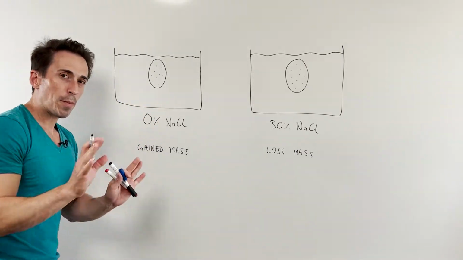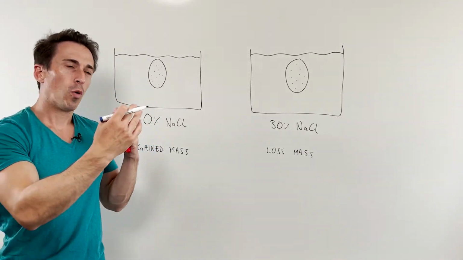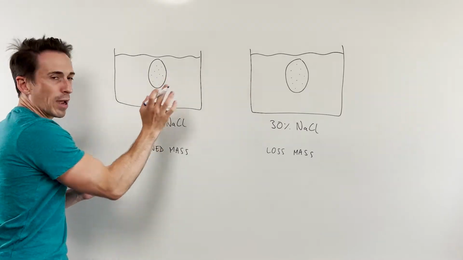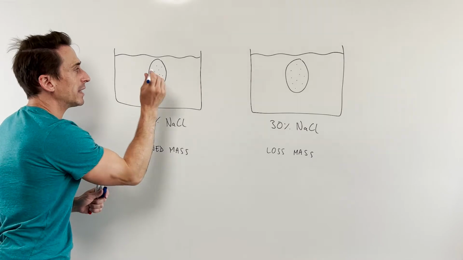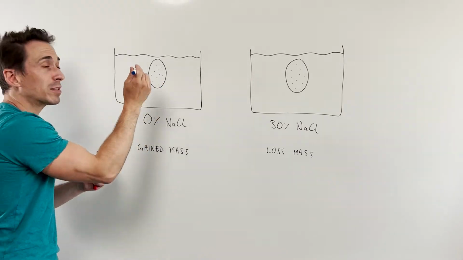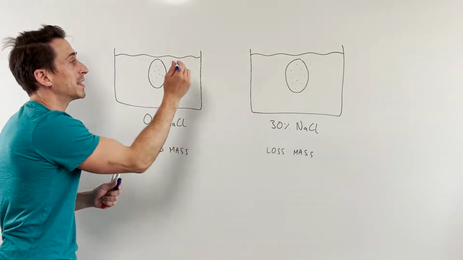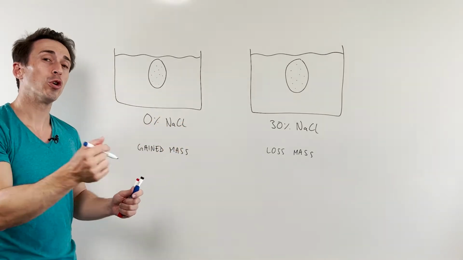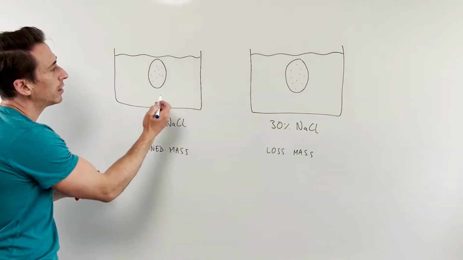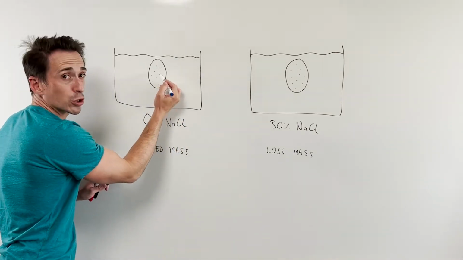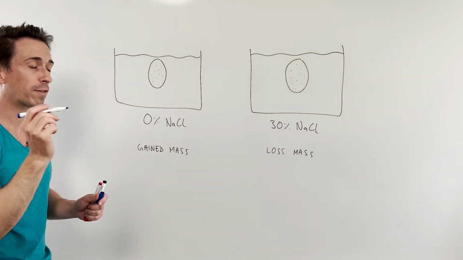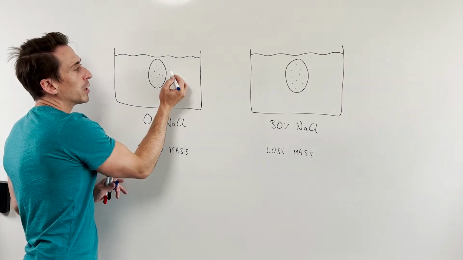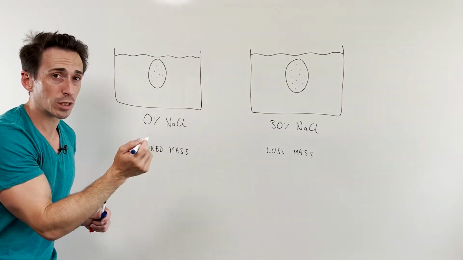So remember, don't ever forget, when there's a membrane separating 2 areas, the whole aim is that it wants one side to be the same concentration as the other side. And it can do it one of 2 ways. It can either let those particles or solutes diffuse out until they're the same concentration, or if that's not possible, you can change where the water moves to change the concentration.